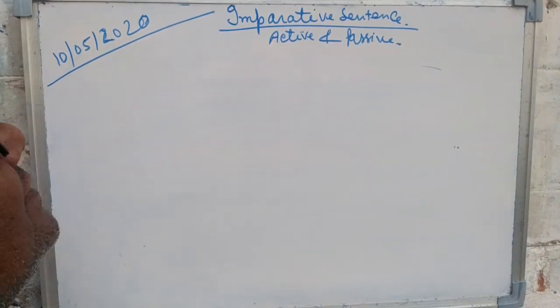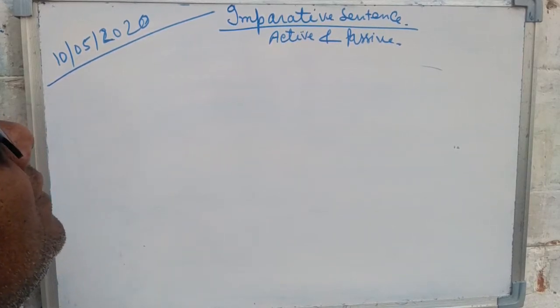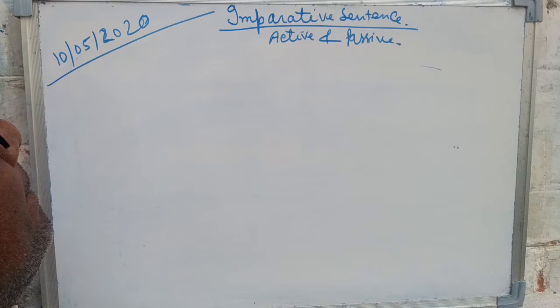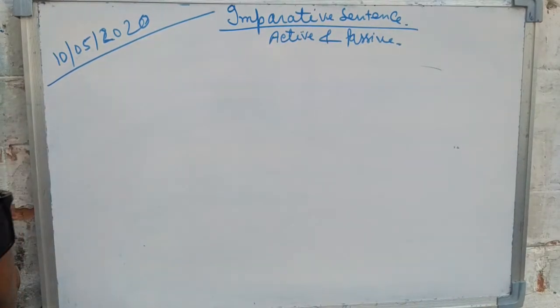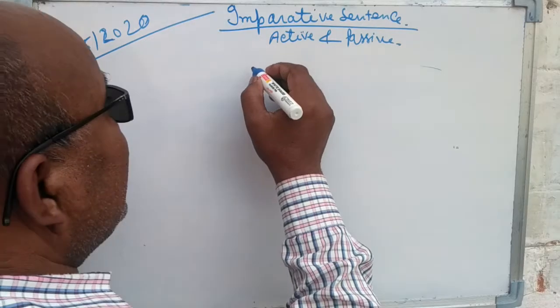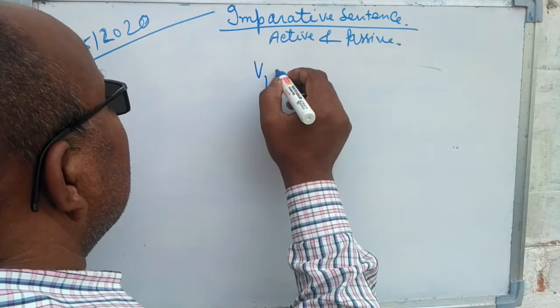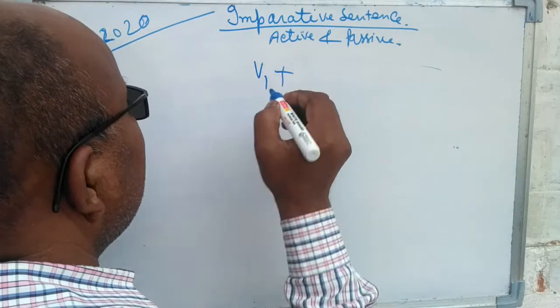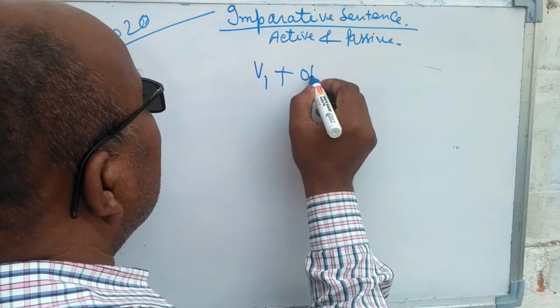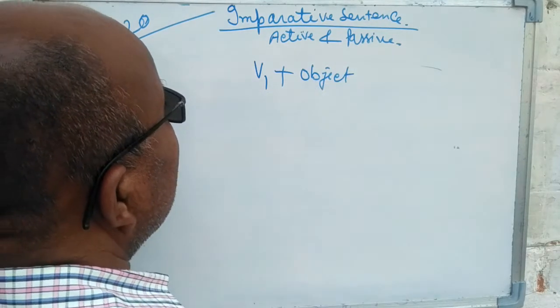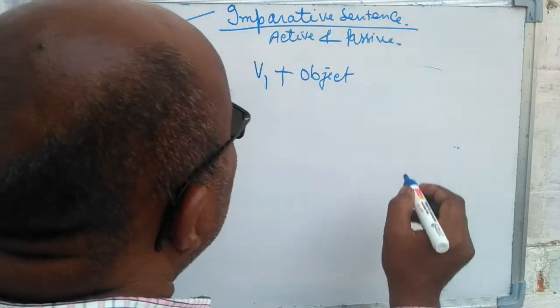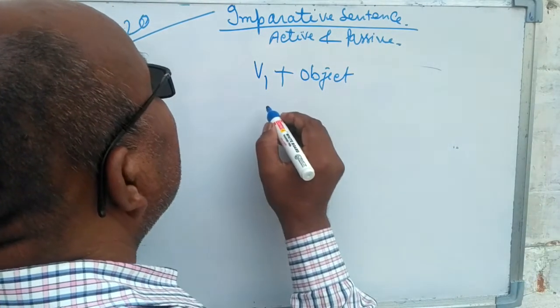Let's study about active and passive based on imperative sentence. Active voice of an imperative sentence is generally given with an object. There is no subject in an imperative sentence.